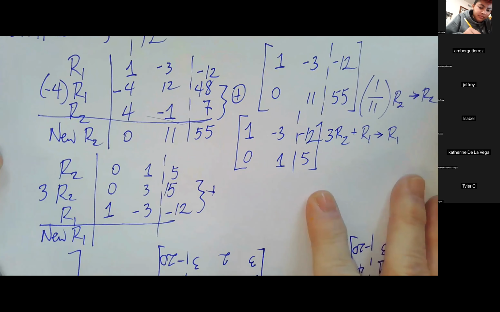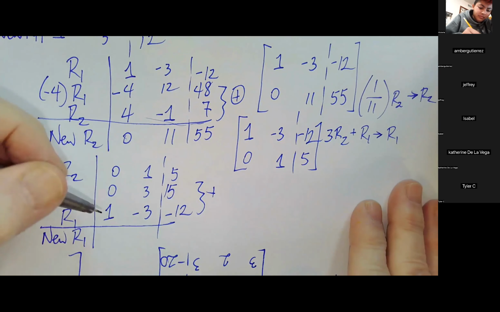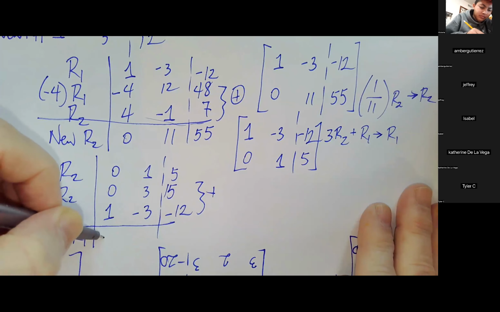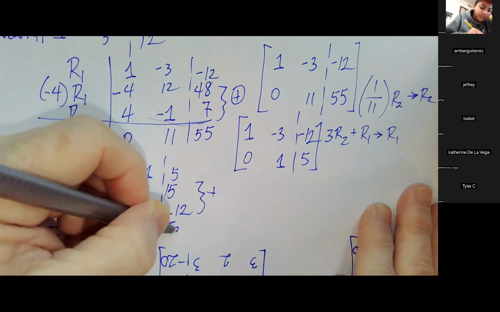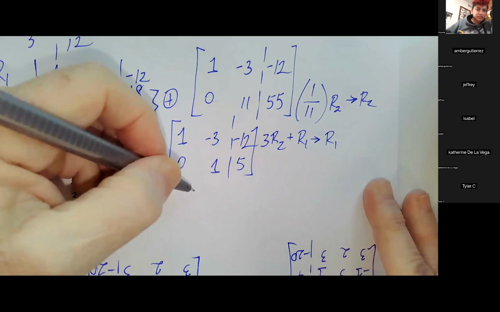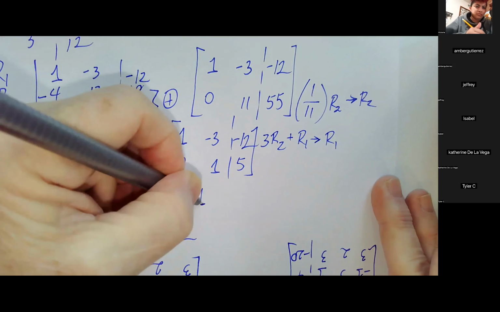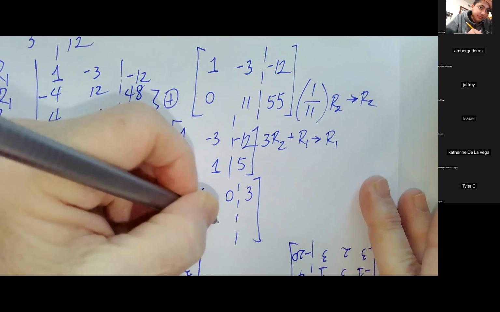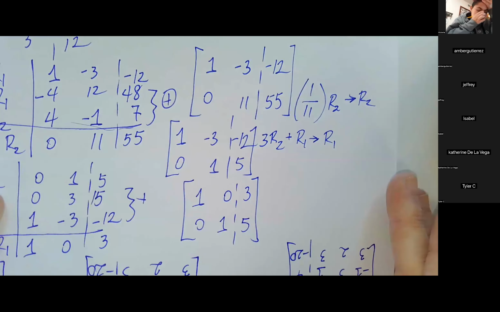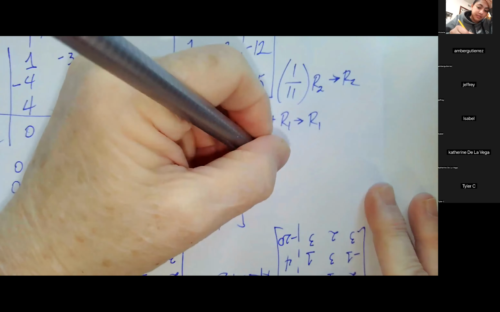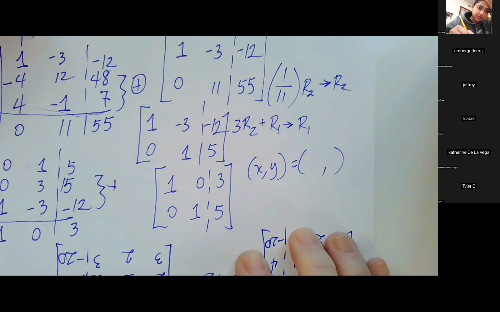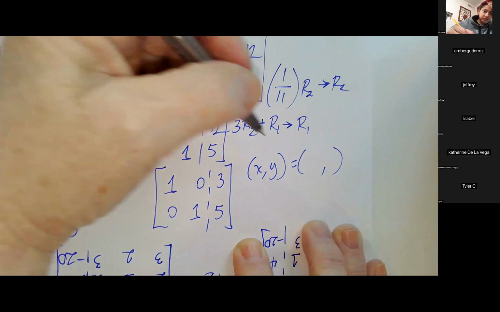When we add the second and third rows, we get 1, 0, 3. Yay. So our final matrix is 1, 0, 3, 0, 1, 5. So what is our solution for this matrix? 3, 5.